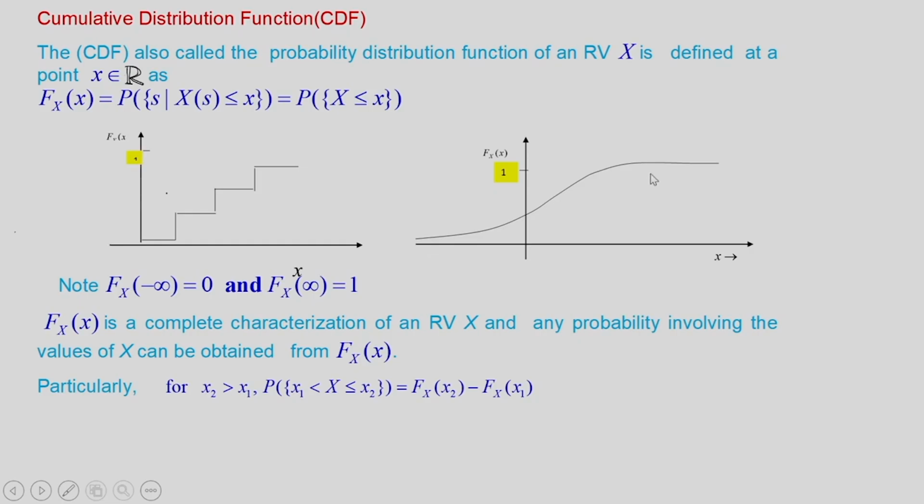Similarly, we may have a continuous CDF where x ranges from minus infinity to plus infinity. We also observe that the CDF is a non-decreasing function. Also note that Fx of minus infinity is equal to 0 and Fx of plus infinity is equal to 1.